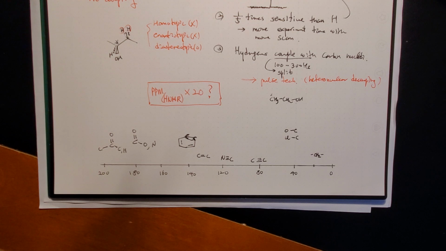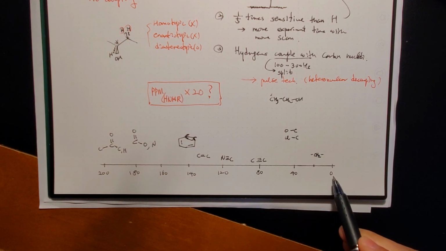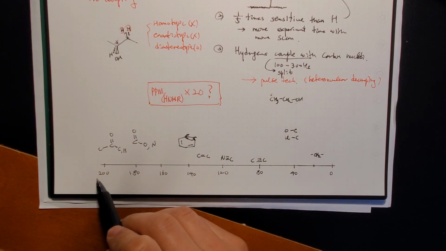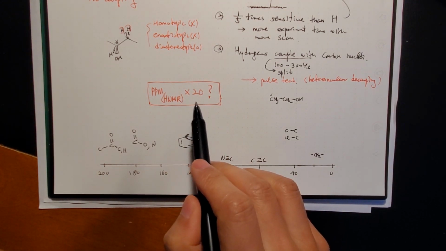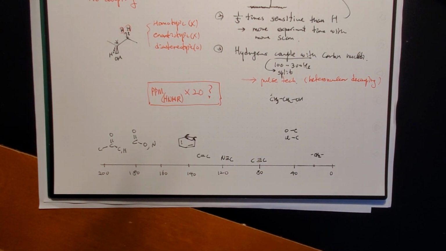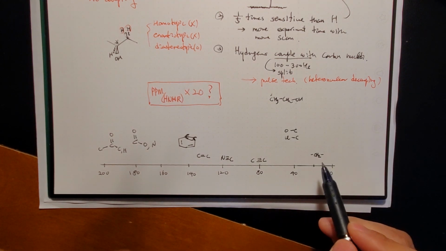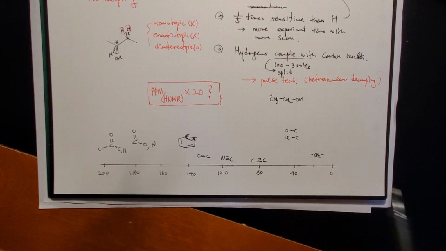Unlike proton NMR, you have 0 ppm to 200 ppm, roughly 20 times, roughly speaking. So the sp3 carbons, this time it's not hydrogen, right?